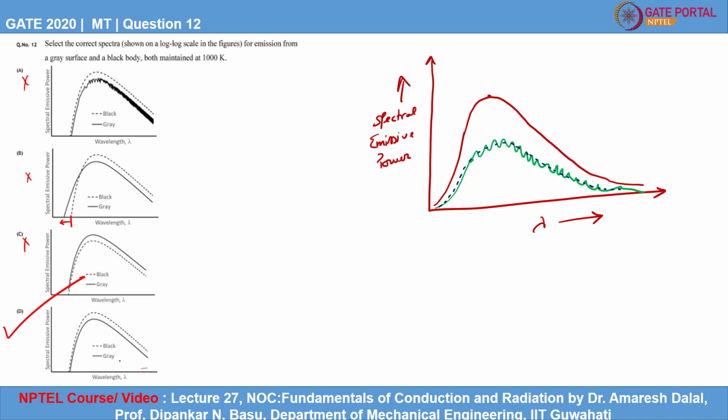So for a grey surface, the emissivity is less than 1, but it is constant. For a real surface, the emissivity is not constant, it is varying, but it is less than that of a black body. For a black body, the emissivity is 1.